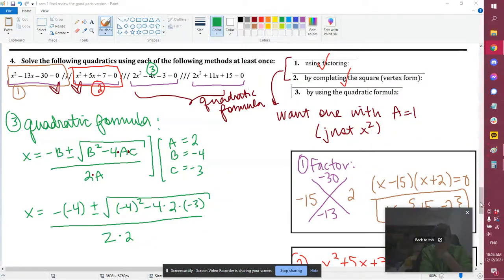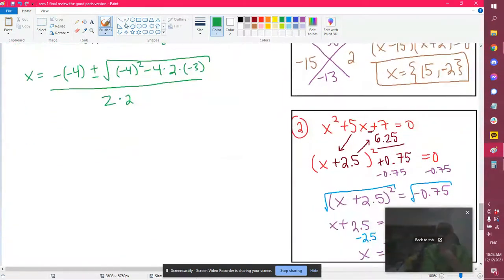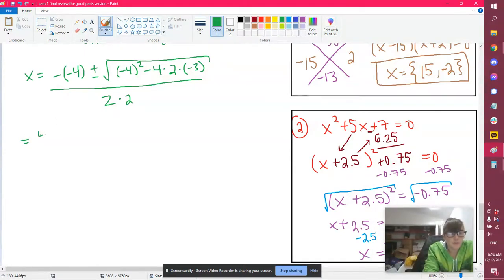All right, and now we're just going for it. Let's simplify. Negative of negative 4 is 4. Negative 4 squared is positive 16. 4 times 2 is 8. Times 3 is 24. And a negative times a negative is a positive.